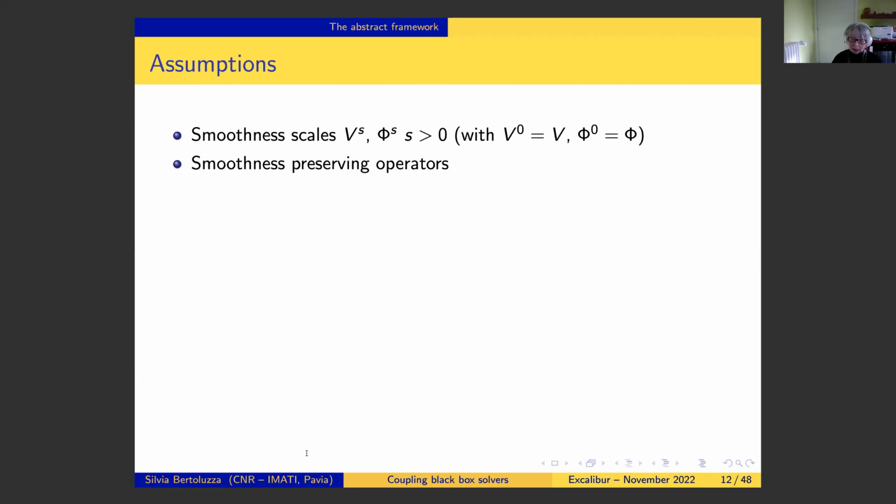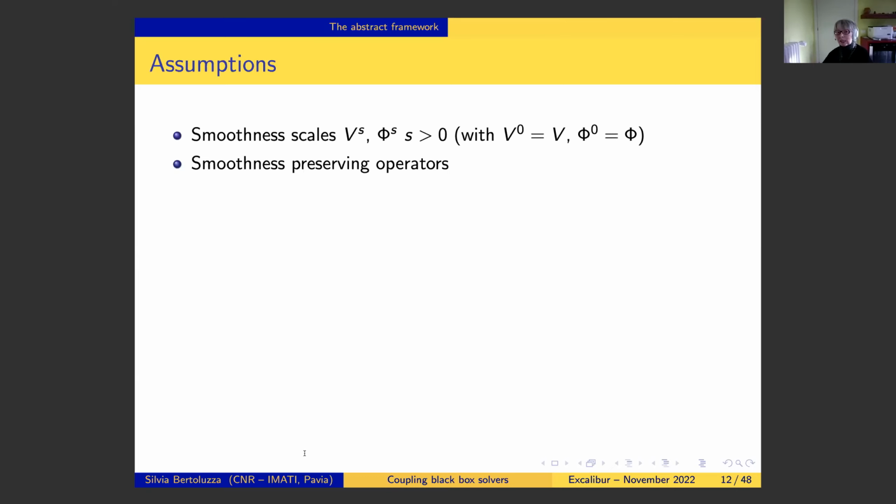And well, first of all, I'm talking about approximation, so it's quite natural. Usually approximation happens when you know that your solution has some more regularity than the simple regularity of belonging to your Hilbert space. So I need to consider some way of measuring smoothness in my abstract framework.